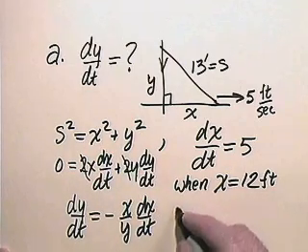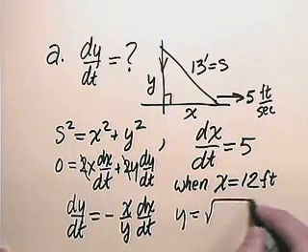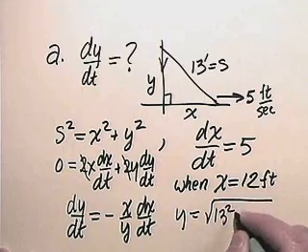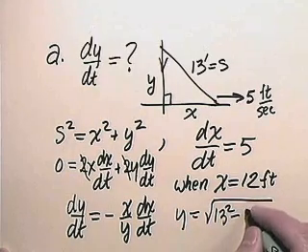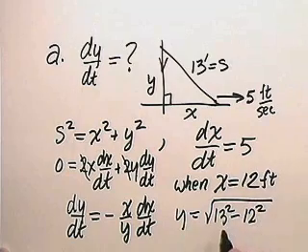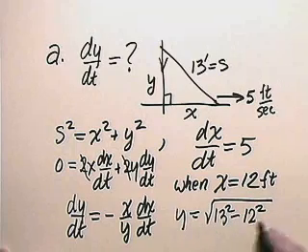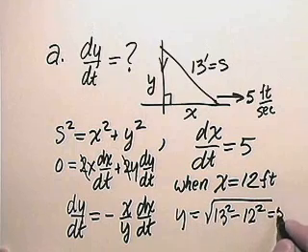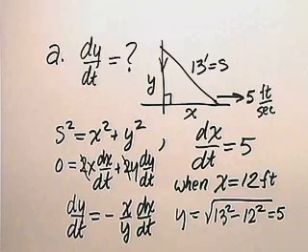We see that y is simply the square root of 13 squared minus 12 squared. 13 squared is 169, 12 squared is 144, and so that's the square root of 25, which is simply 5. In other words, at the instant we're interested in, y is actually just 5 feet.